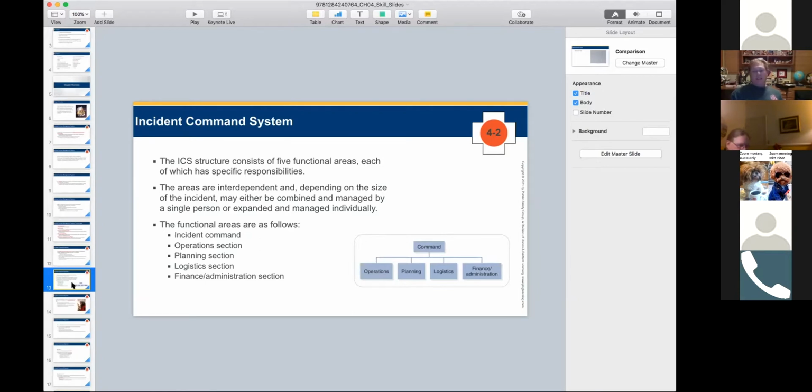Financing is just that, it's the money. Incidents cost money. Logistics, that's UPS. What can Brown do for you today? That person's in charge of getting things to and from the incident. Planning, again, is the guy who's sitting there planning out in detail what's going to happen.